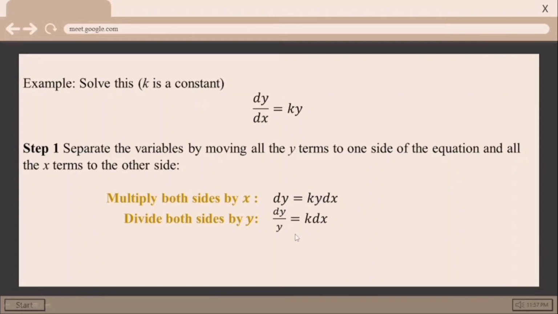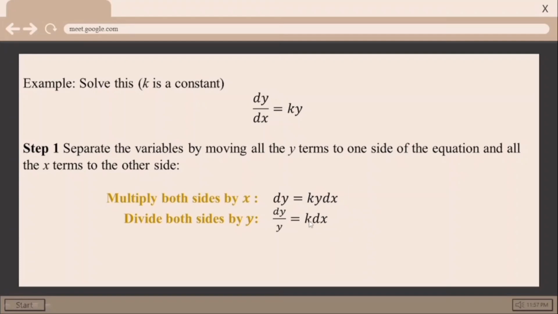Now we're going to move the y terms to the left side, and to do that, we are going to divide both sides by y. So from this, dy equals ky dx, and we divide both sides by y.